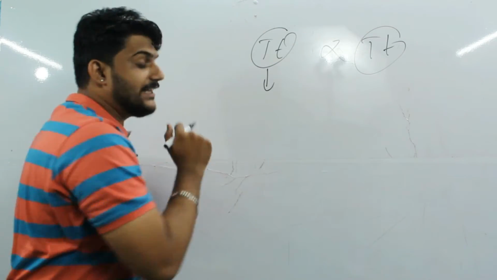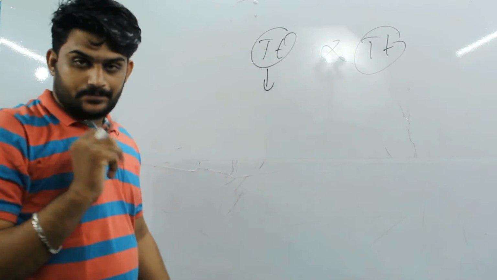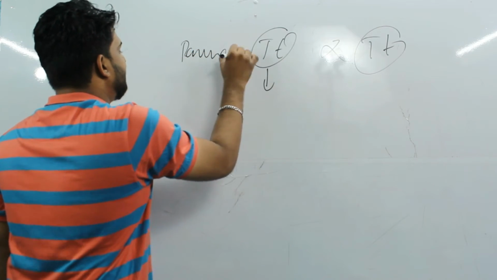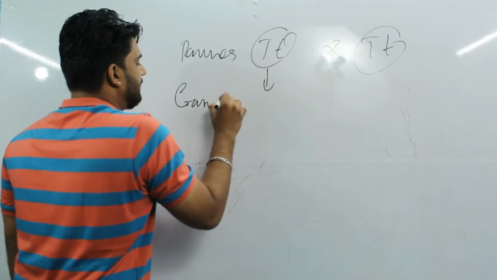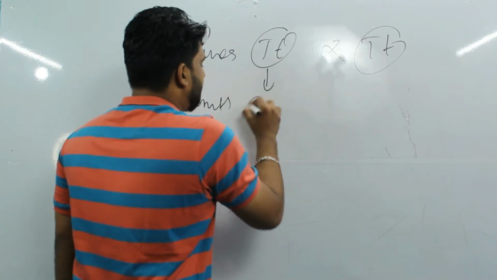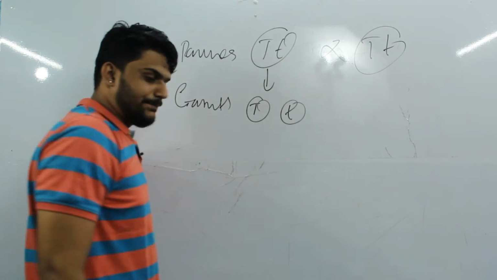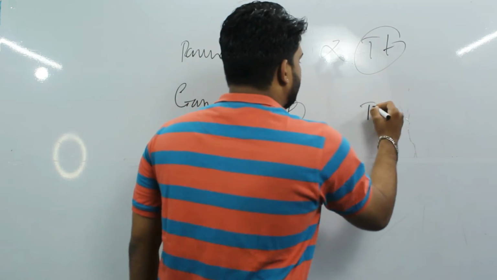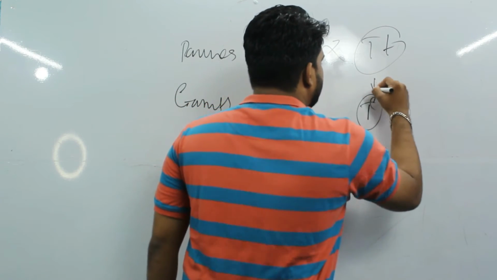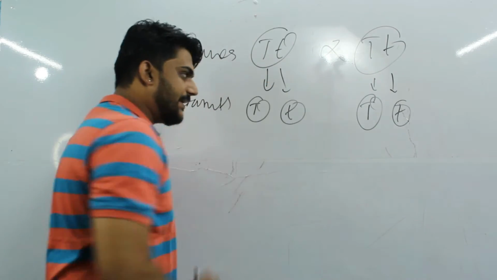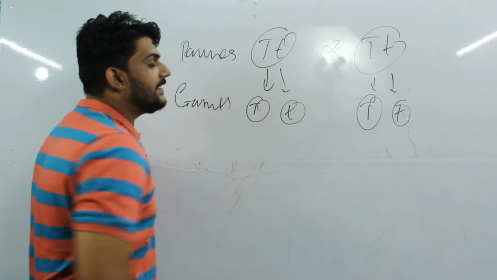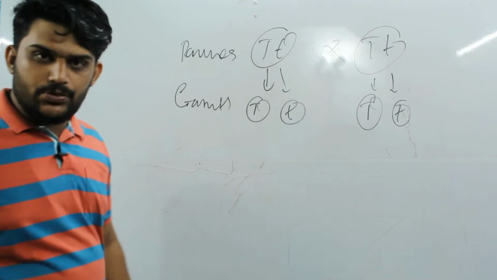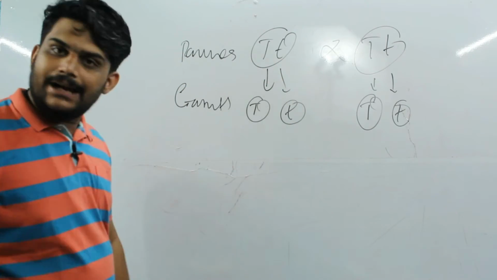No, here definitely we are going to get two different gametes, because if you consider them as parents, the gametes are going to be capital T, small t, and here also we are going to get capital T and small t as the gametes, right? Because there are two different alleles which are going to come individually while forming the gametes, right?